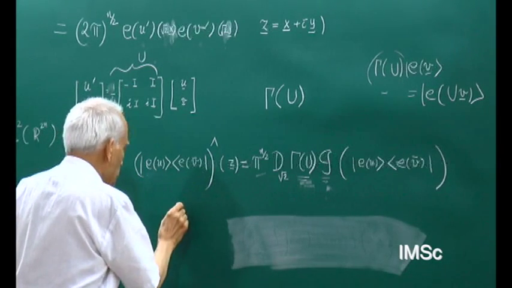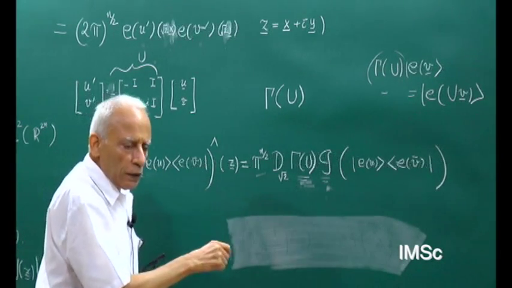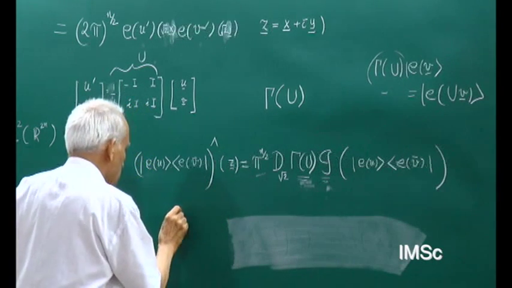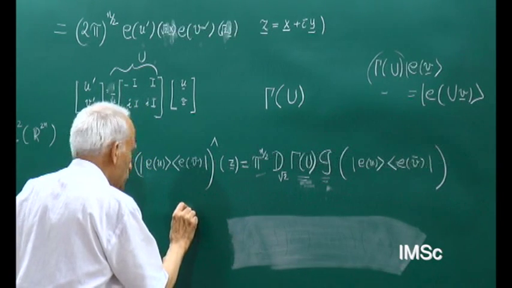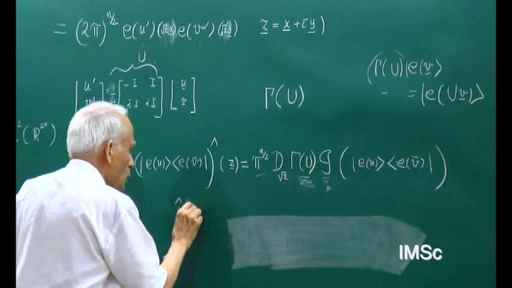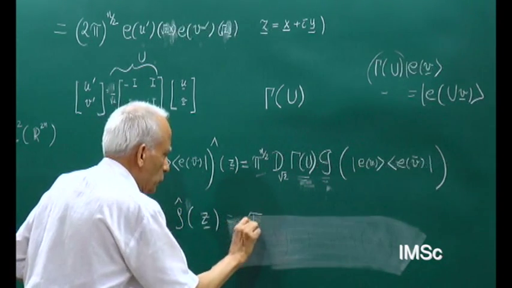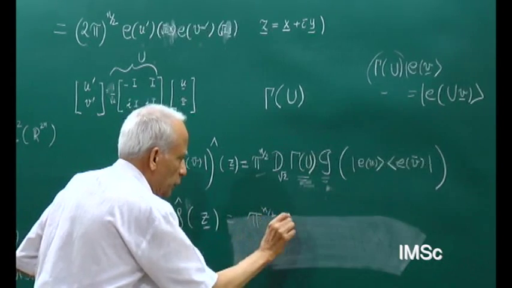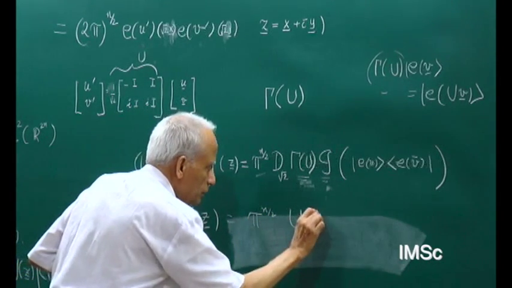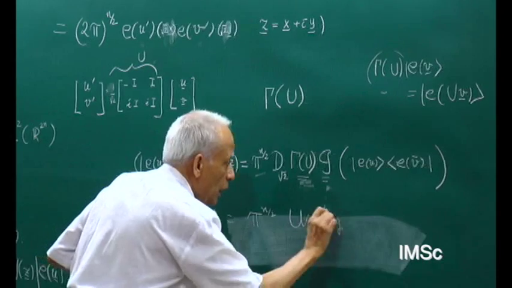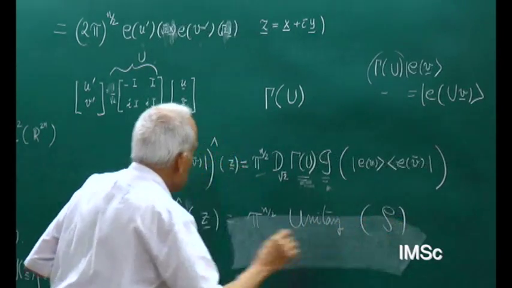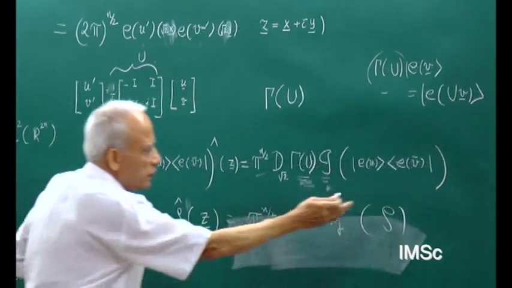Therefore, this implies in particular a trace class operator is also a Hilbert-Schmidt operator. So rho hat of z is equal to pi to the power n over 2 into unitary applied to rho. This one will extend to all trace class operators.